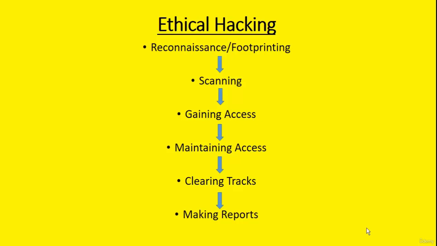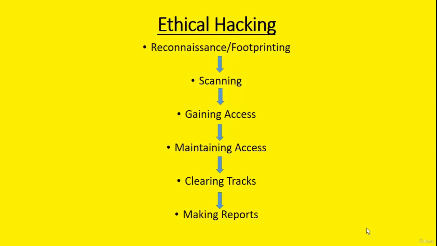Then comes the third phase of ethical hacking, which is gaining access. Gaining access means entering into our target network or entering into our target website or entering into our target system. So, gaining access inside our target system. Then comes the fourth phase of ethical hacking, which is maintaining access.